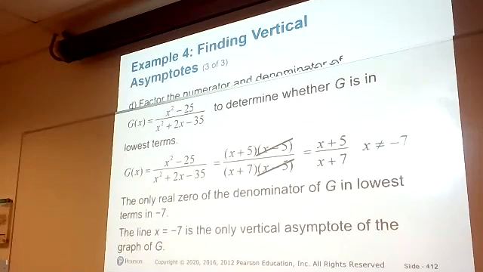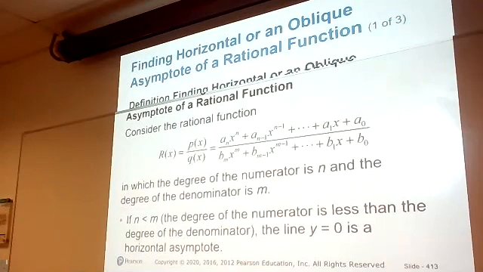And the horizontal asymptote is 1. Because now we're going to talk about finding the horizontal or oblique asymptote of rational functions.